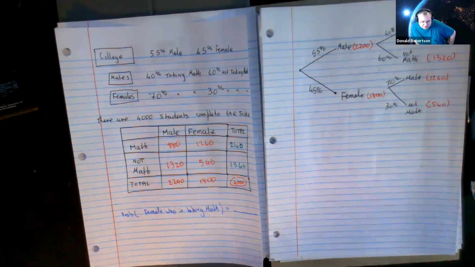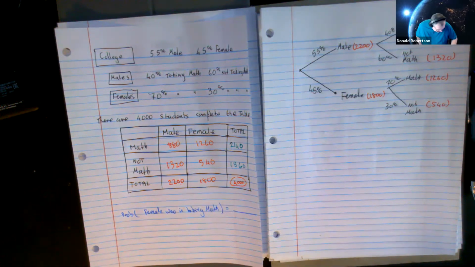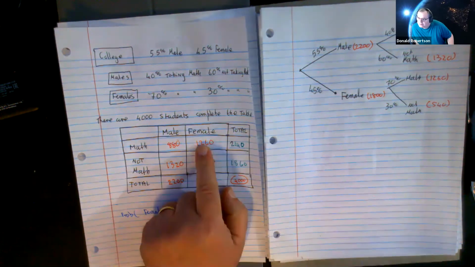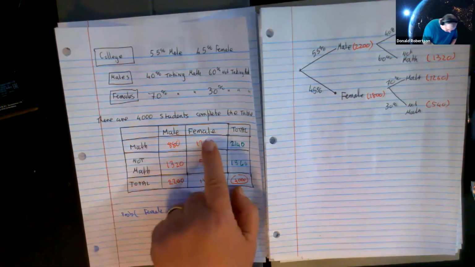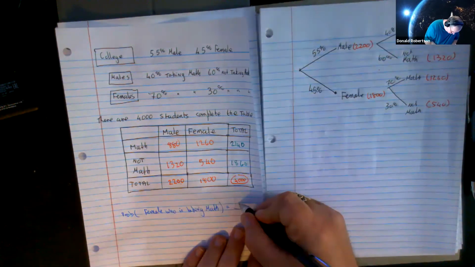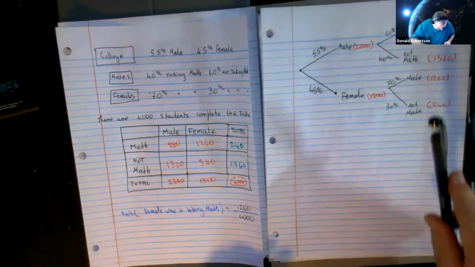Bottom number is who I could be talking about here, and the top number is how many ways can this happen. Right, females who are taking math. Females who are taking math, as you agree, it's 1260. Right? Top number. Bottom number, 4,000.